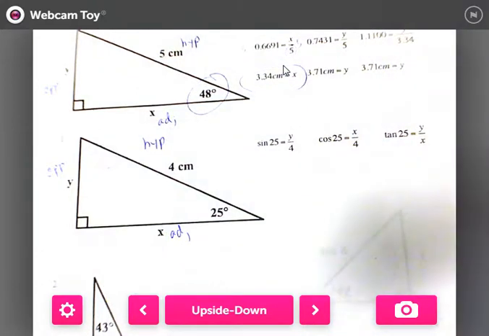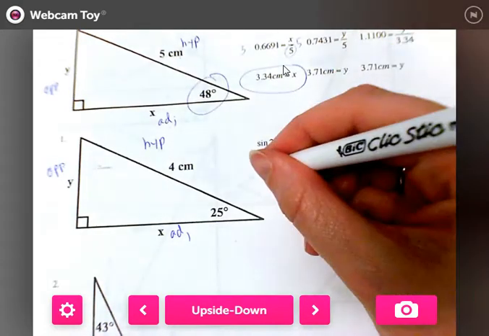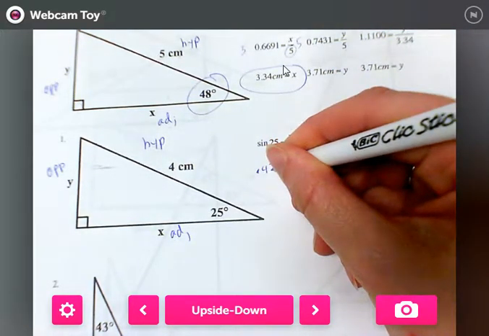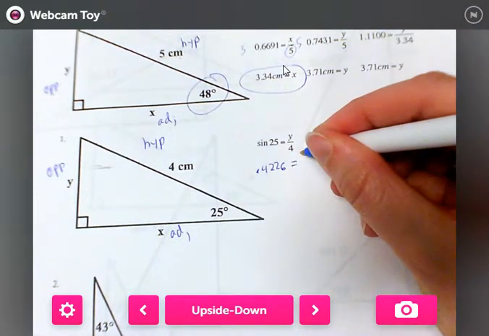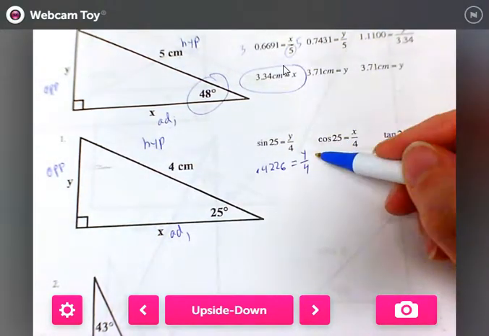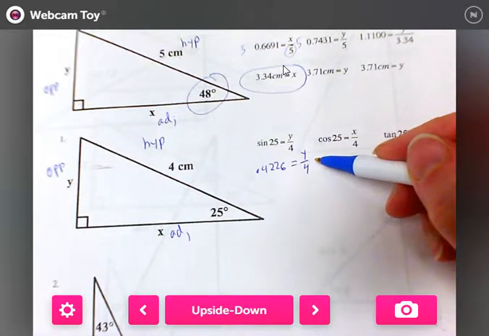So I'm going to go to my trig button. I'm going to hit sine of 25, and I get 0.4226. I'm just going to do 4 decimal places. Equals y over 4. And then what is y doing to 4? Is it being added, subtracted, multiplied, or divided? So what's the opposite? Please don't talk while I'm talking.